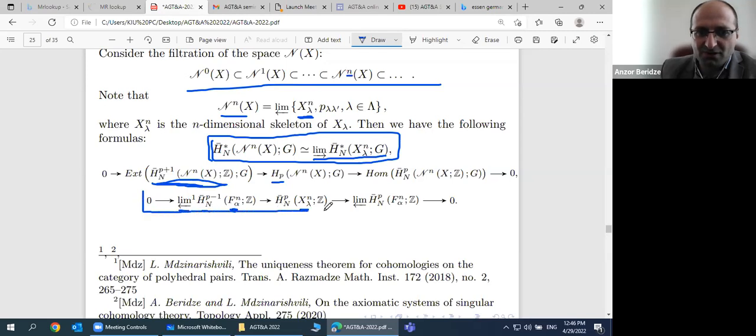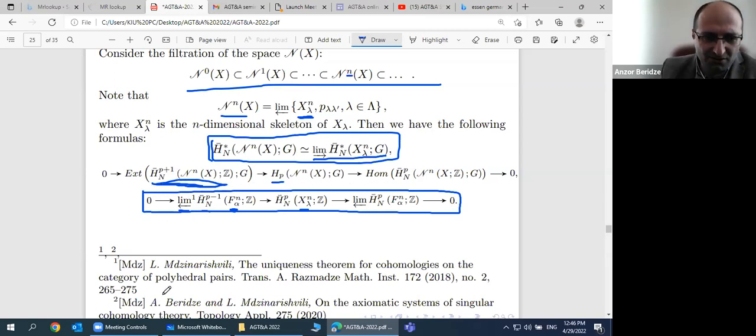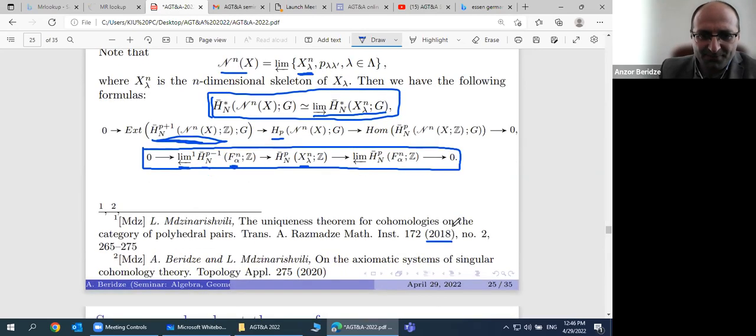And this formula was done by Zinarishvili for singular cohomology. It was published in 2018. And we have a joint paper, published in Topology and its Applications, about the axiomatic characterization of singular cohomology theory.